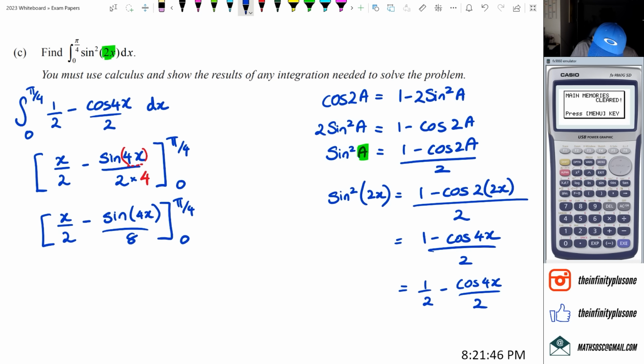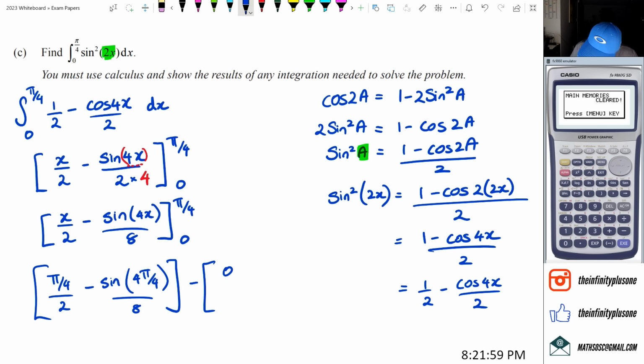Because x is pi over 4 first, I go pi over 4 over 2 minus sine 4 times pi over 4 over 8, and the whole thing is minus 0 over 2 minus sine 4 times 0 over 8.